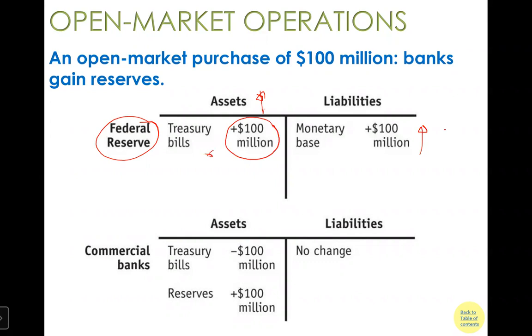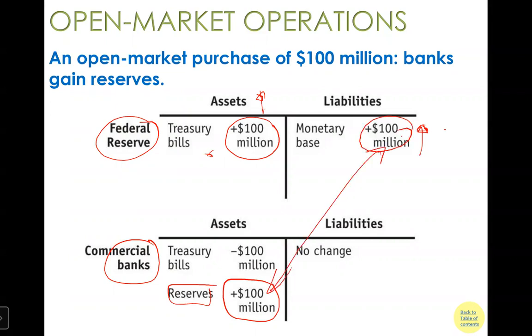Essentially, one way you can think about it is that they borrow. But borrow from whom? Actually, from the commercial bank. The Fed is going to give $100 million of reserve to the commercial bank. So this comes from here.